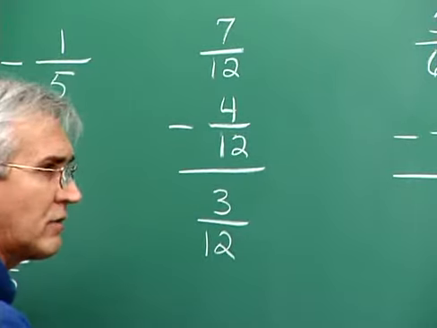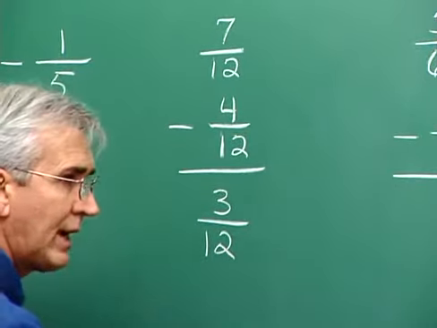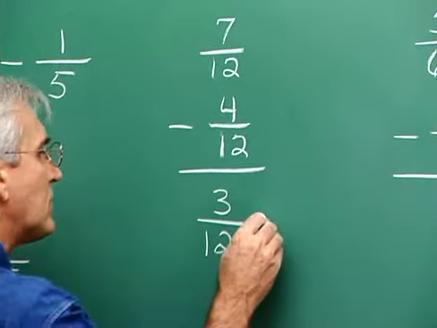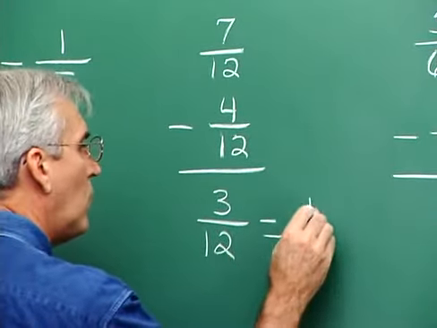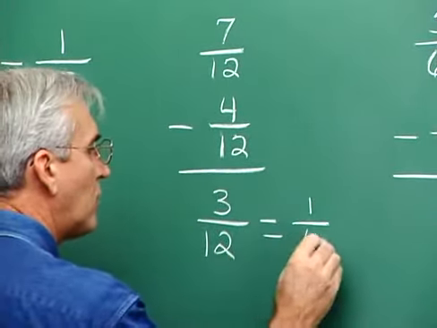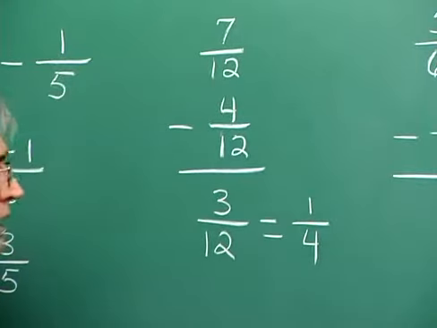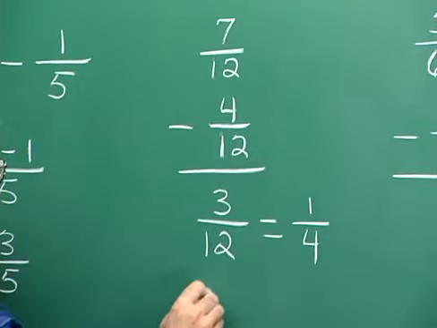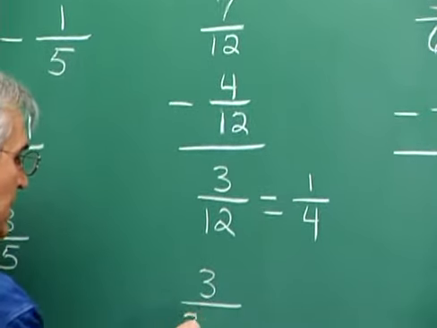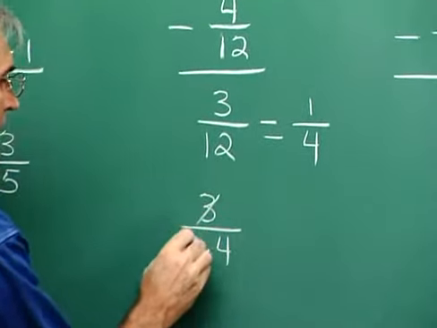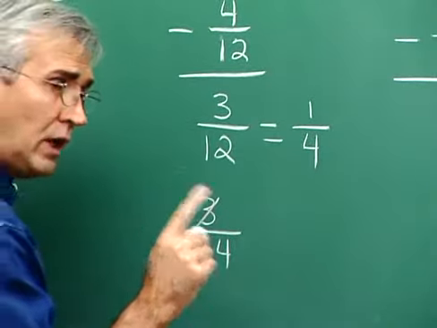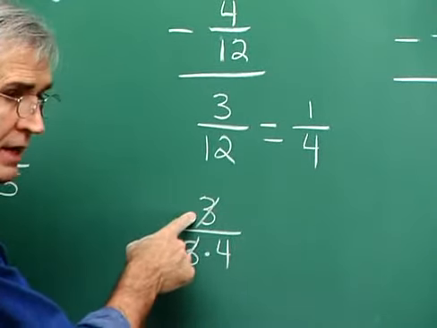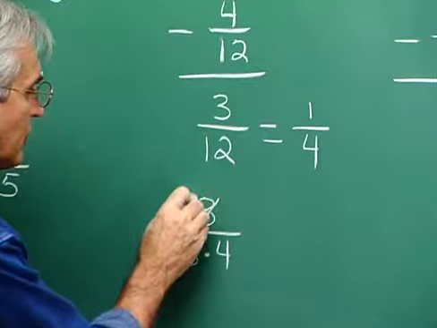And there are a lot of ways of thinking about this, a lot of right ways to deal with it. If we simply say 3 into 3 goes 1 and 3 into 12 goes 4, that's perfectly all right. Now another way to think about it is like this. We can actually rewrite this as 3 over 3 times 4 and now cancel the 3's. Just realize, though, that when you cancel the 3 in this numerator, what's left is an understood 1.